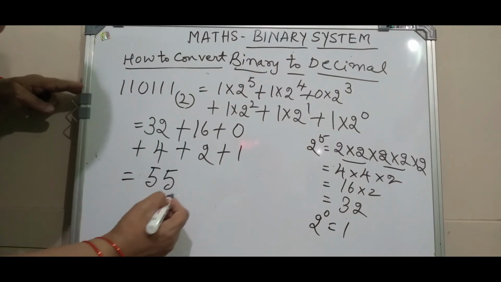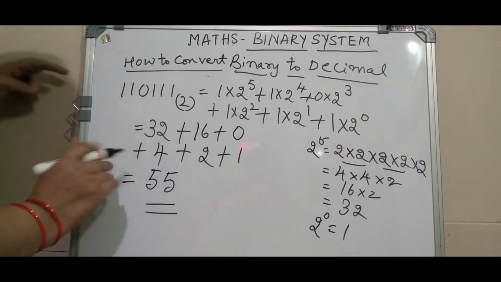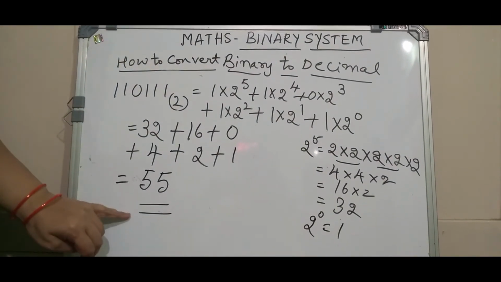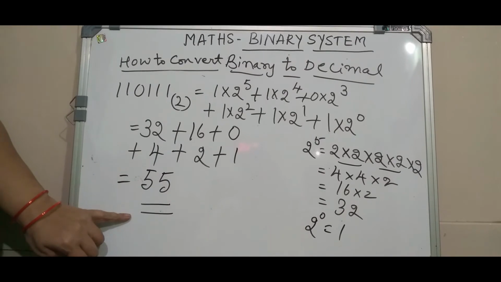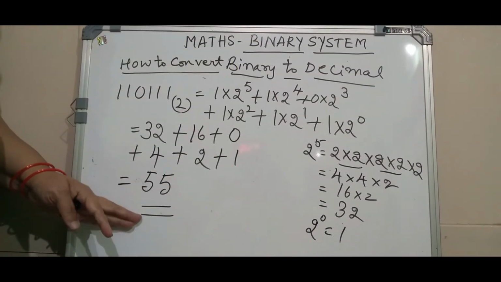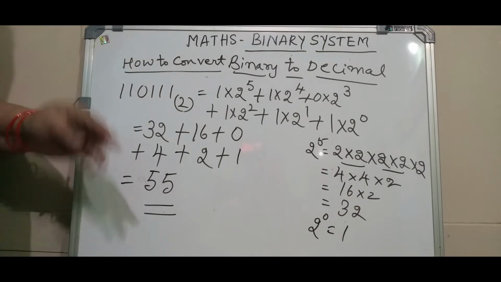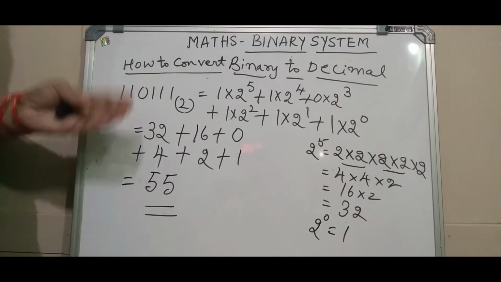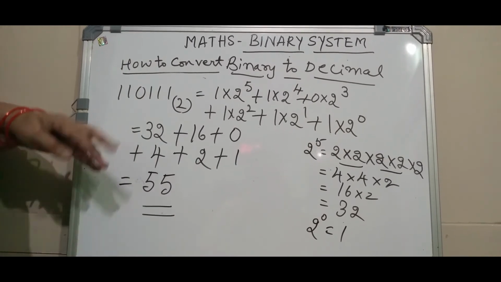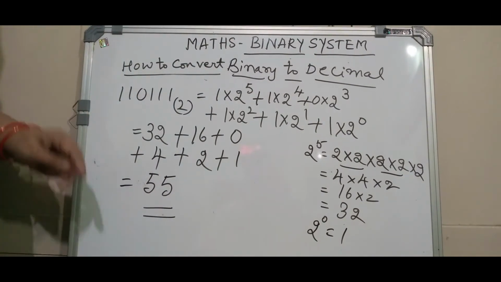This number will be nothing but 55. So the binary number we got is converted into the number 55. You will be surprised to see the original decimal number here. This will be just like verification also, or also like the conversion. So this is how we convert the binary number to the decimal number.